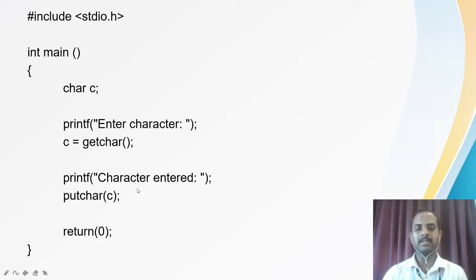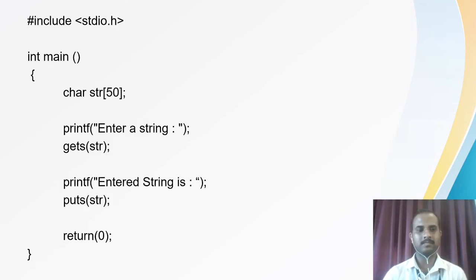So printf character entered is, putChar of C. So you are going to display the value that is present in C. Return 0, end of the program.